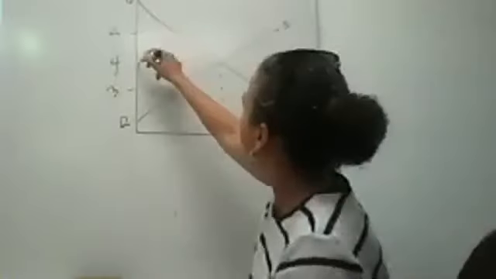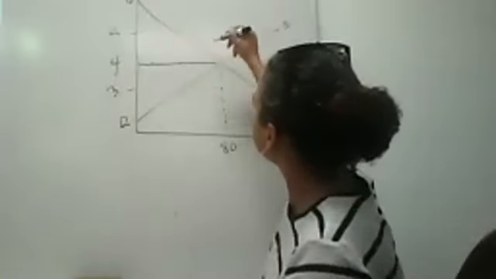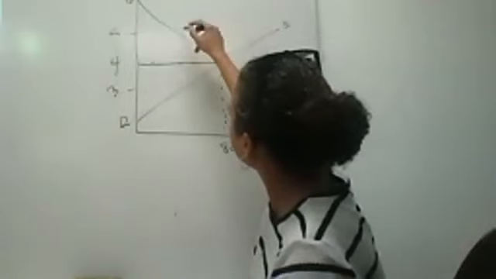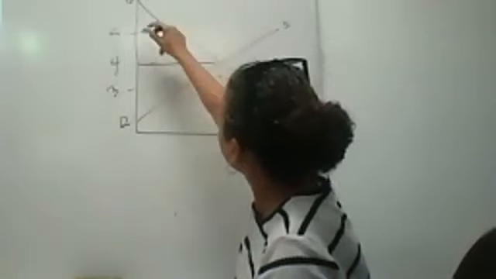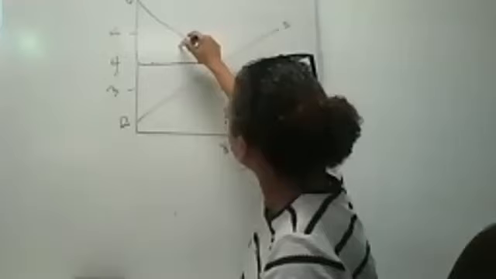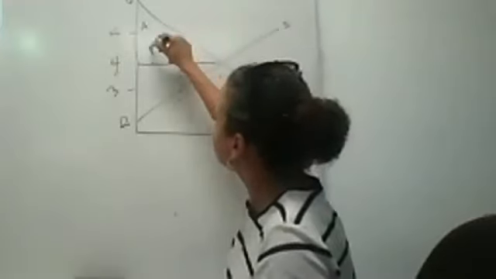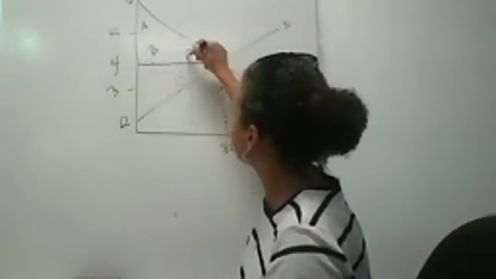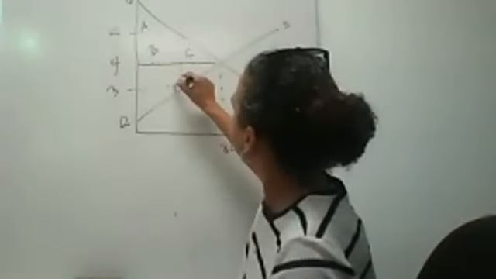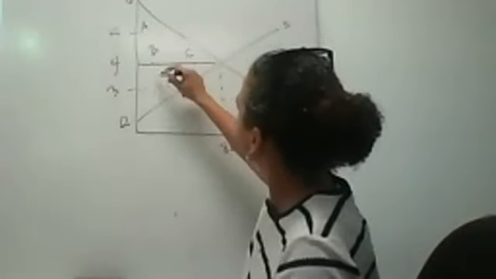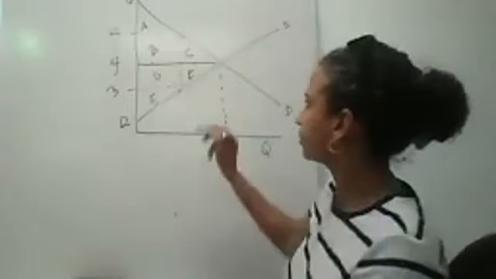All right. If I wanted to, let's call these areas, okay. We're going to talk about the effects of a price ceiling. Let's call this area A, this one B, this one C. Call this D, E, and F.